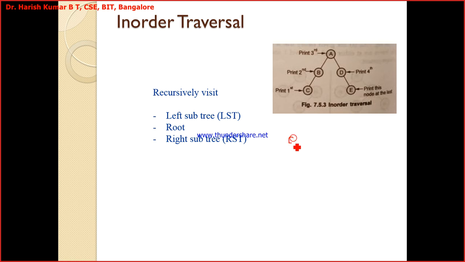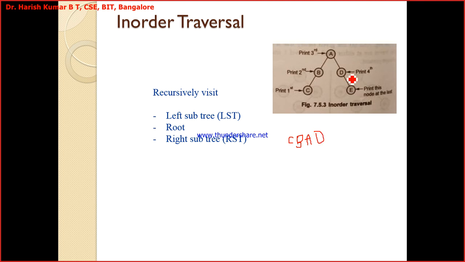So C gets printed first, next B gets printed, and next A gets printed. Now A is printed. Now I check whether there is a right subtree for A. Yes, there is a right subtree for A. So recursively travel the right subtree. I come to D. There is no left subtree for D. Then the root, D, gets printed.